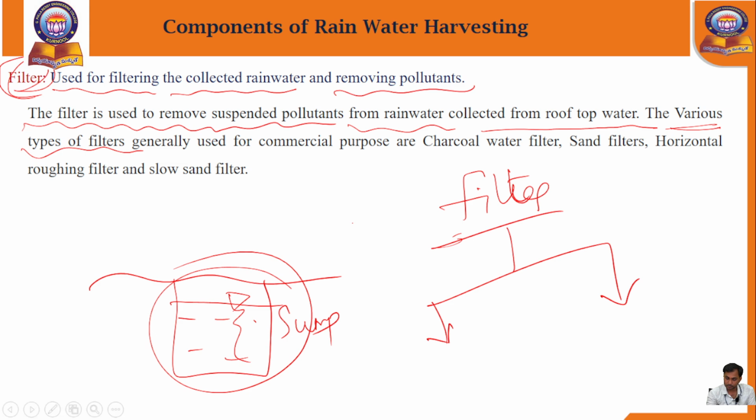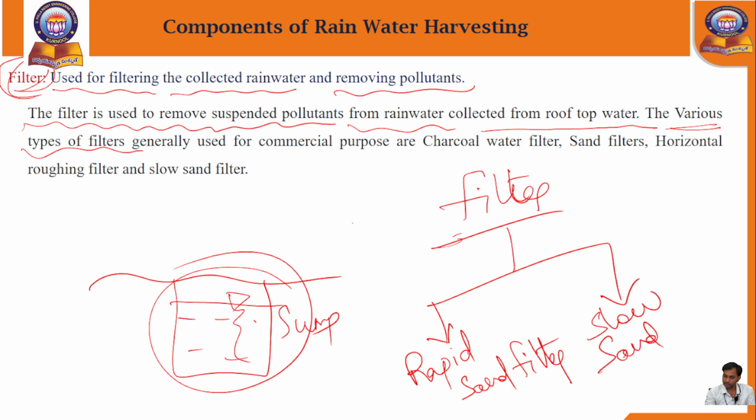One is the rapid sand filter and the other is the slow sand filter. These are the two types of filters we can use. Also, a charcoal water filter is there, and sand filters are also provided.